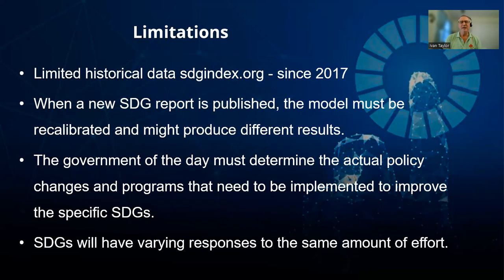However, that might not be a problem because these policies are developed by the government of the day, and generally governments work on an annual basis. So possibly every year, the government of the day could change the direction of their policies to react to the situation that's happening with the SDGs on an annual basis.